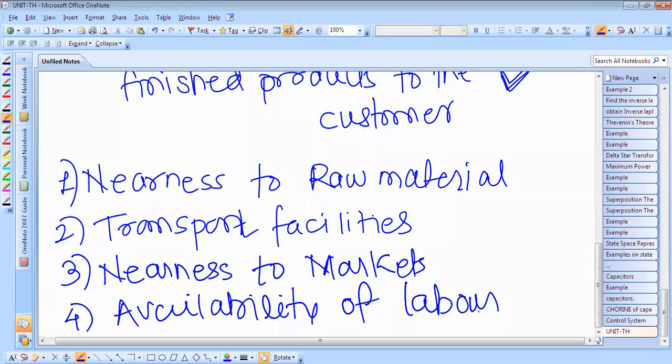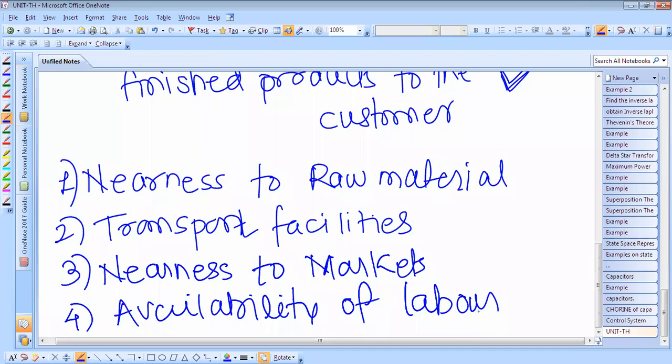They should have skill, experience, and knowledge, they should be available at reasonable rates, and they should have a proper attitude toward their work. These are the few factors about the availability of labor.